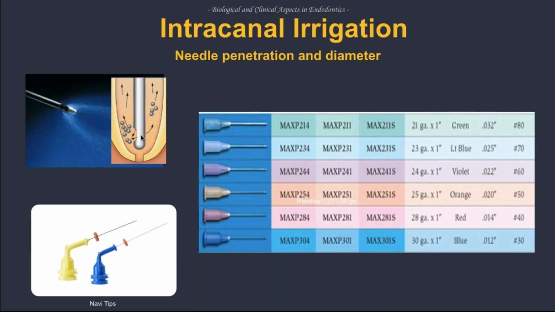We need a side vent needle for safety's sake, so you don't push irrigant through. And you also need a rubber stop on the irrigating needle to stop you from pushing the needle and, of course, then the irrigant through the apex when it's a bigger than 30 or 35 canal.